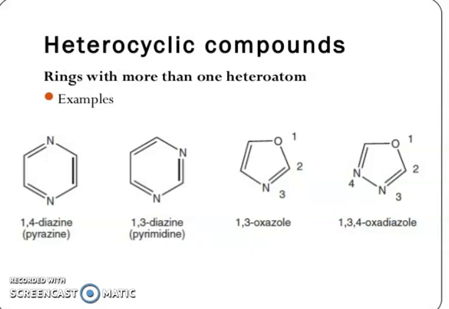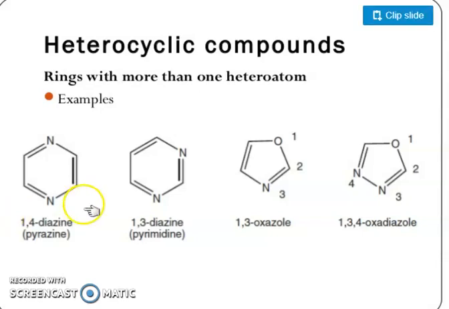Here, the first example, pyrazine. Now, just tell me, what is the ring size? 6. So INE should be there. You can see INE. Now, how many heteroatoms? 2. What is the position of the heteroatoms?